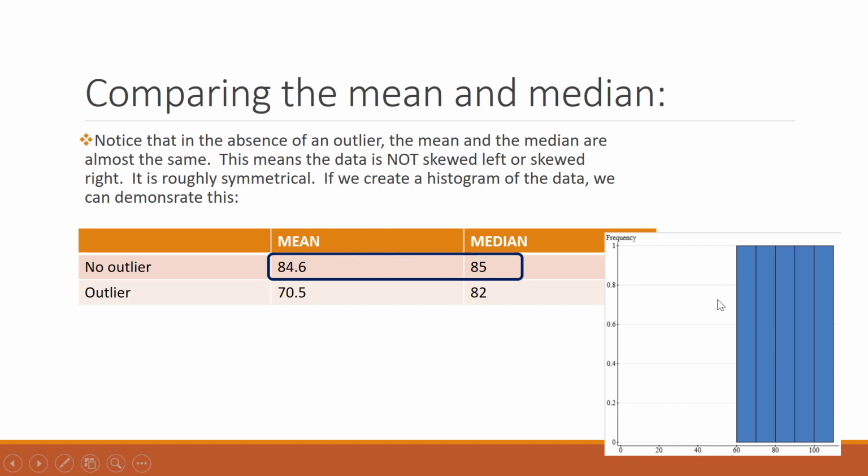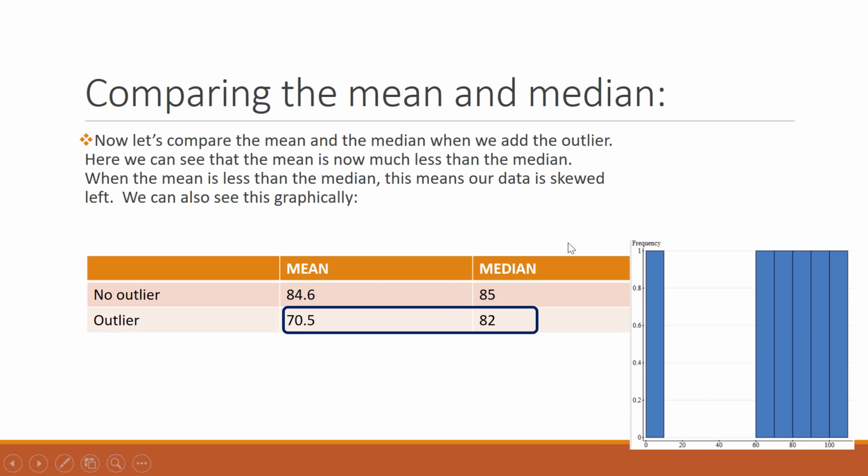And if you look at this picture, this graph down here, you can actually see what would be described as a uniform distribution. It is clearly not skewed left or right. Now, when we add this outlier, this extreme value over here, all of a sudden, our data set is not uniform anymore.